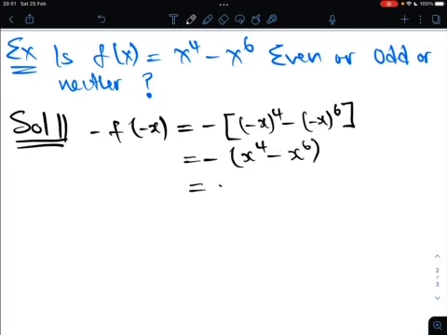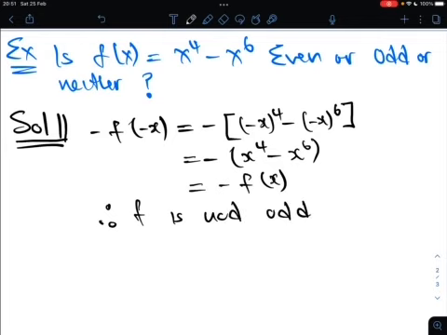So we see that this is just minus f of x. So it's not true that f is odd. Therefore f is not odd. This is what we can conclude from here, that f is not odd.